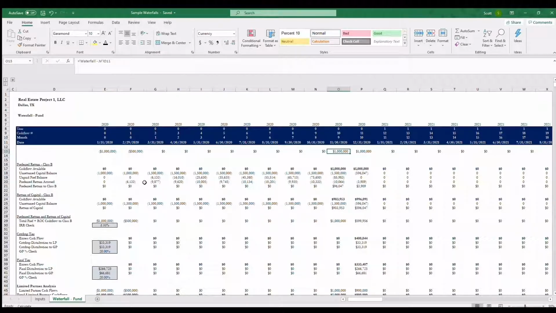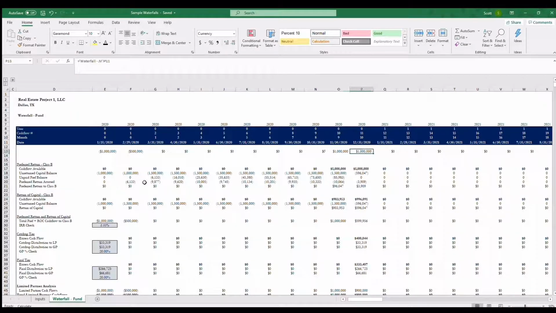For this distribution, you can see that we have $1 million, which is more than enough to pay this preferred return of $96,000. So the excess cash flow will then flow down to the return of capital tier. The return of capital isn't quite enough to return, or the $903,000 is not quite enough to return all of the capital.